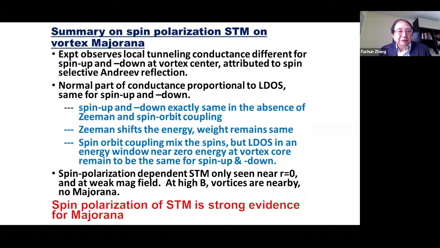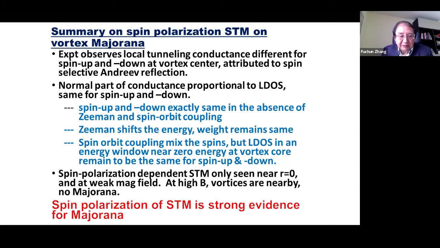So let me briefly give a summary on the spin polarized STM inside the vortex core of Majorana. Experimentally, one observes the local tunneling conductance is different for spin up and down at the vortex core, attributed to spin selective angular refraction. The normal part is basically the same, but the spin polarization dependent STM signal is only seen near R equals 0, and at weak magnetic field.